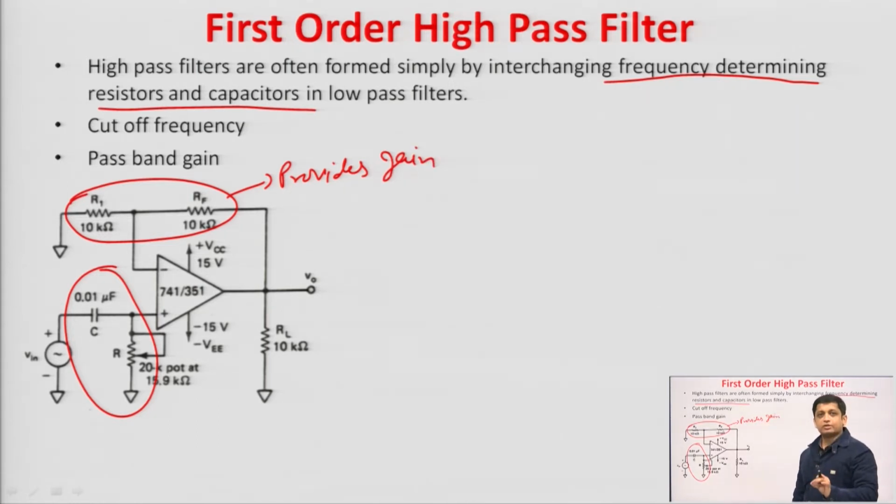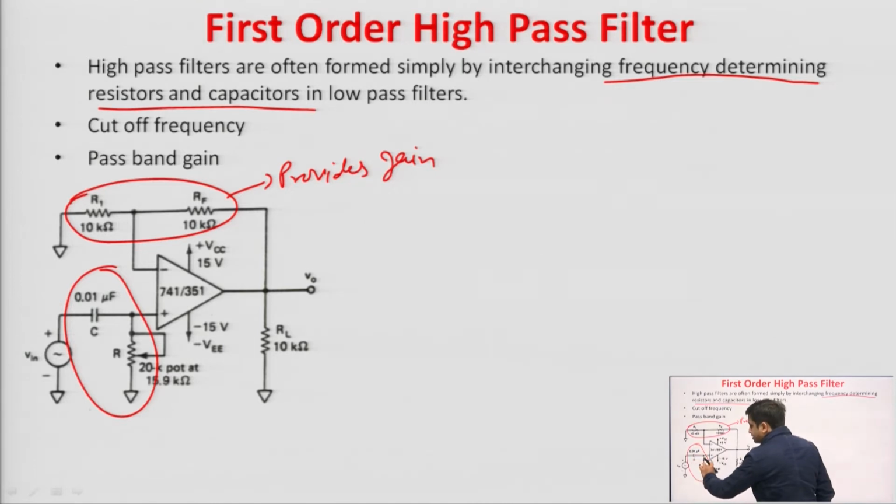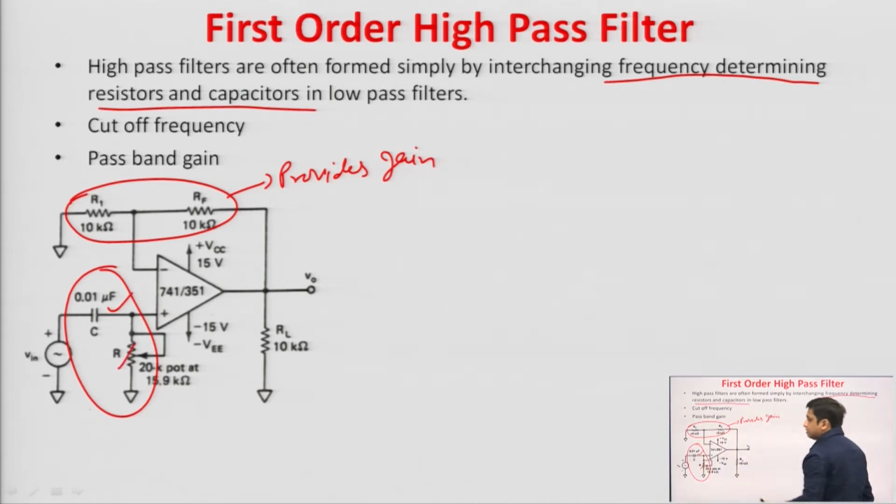So, in first order low pass filter the only difference is that the positions of this R and C were different. In first order high pass filter, just interchange the location of this C and R. In the first order low pass filter, if you interchange the position of R and C, it becomes the first order high pass filter.